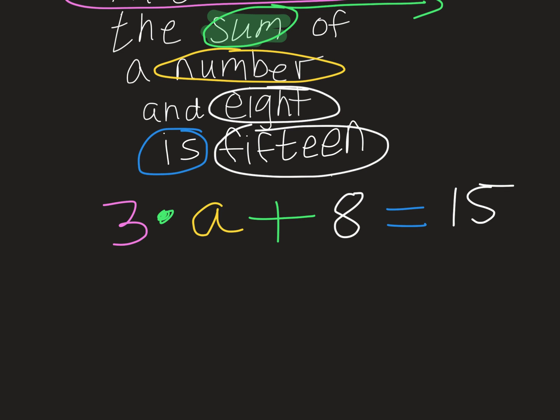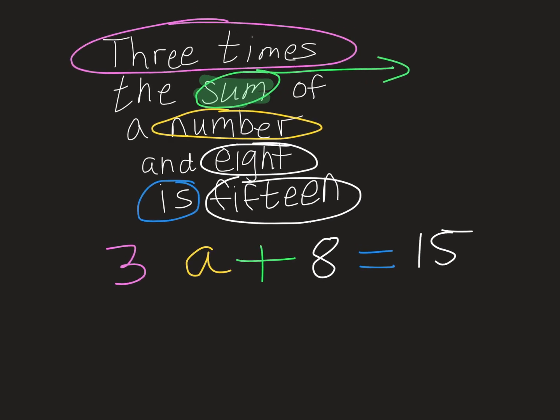We have to add something that demonstrates that we're actually going to add first. What do I need to put around the a plus 8 to show that I'm going to do that sum first? Parentheses. It's the P, the first thing in please excuse my dear Aunt Sally. So because it says sum, we've got to do that adding first.